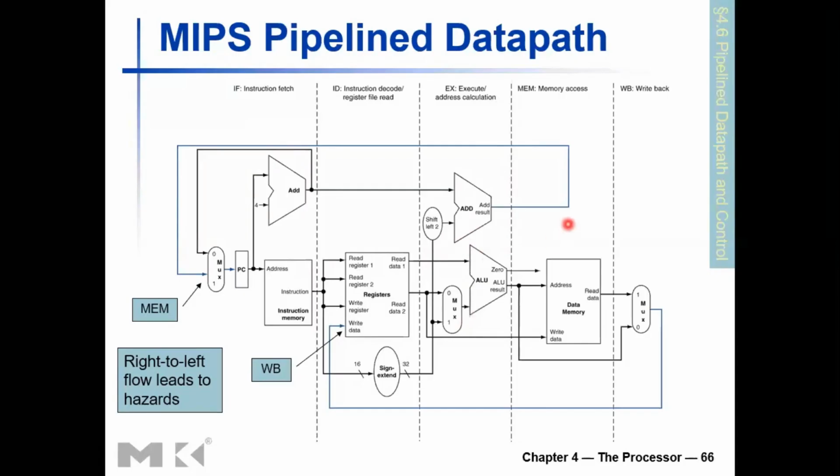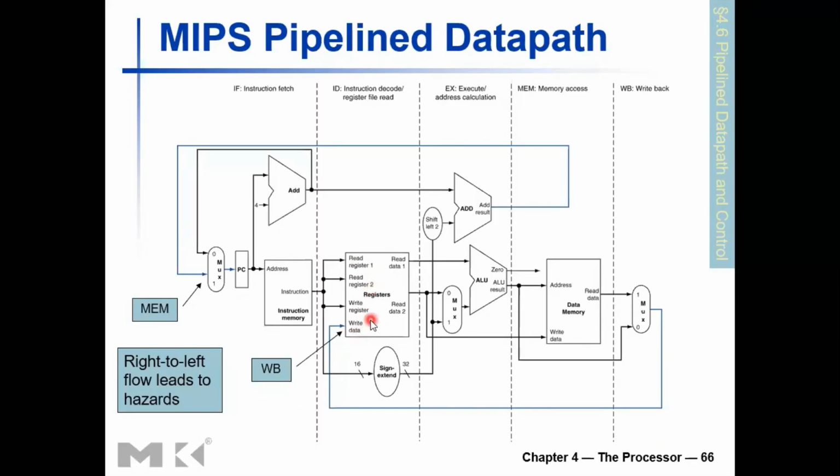Okay, so that is the execution and memory access stages, and the write back stage, as you can see, doesn't have a lot of hardware, just the multiplexer. But as you know, the write back stage uses the register file again to write to the register file. So you should consider that piece of hardware for that stage as well.